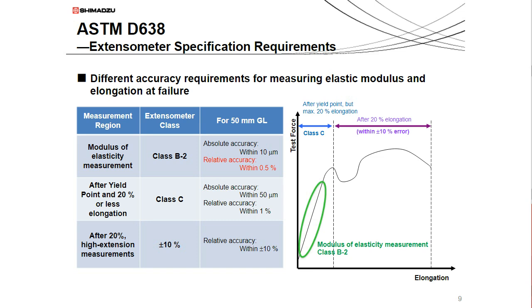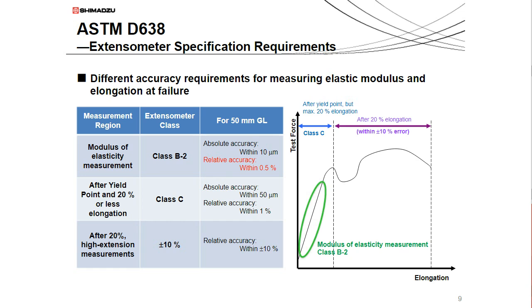ASTM D638 does have some provisions for performing a test based only off of the movement of the crosshead, but if you are trying to directly measure modulus of elasticity, then it has higher accuracy requirements and requires the use of an extensometer. Extensometer accuracy is defined by a different standard, which is ASTM E83.